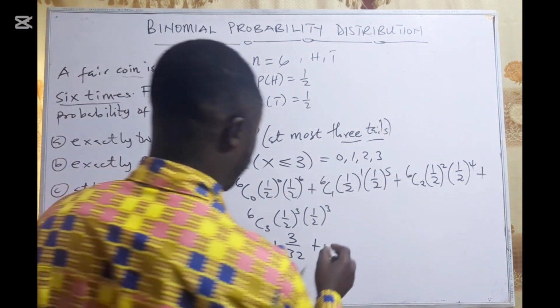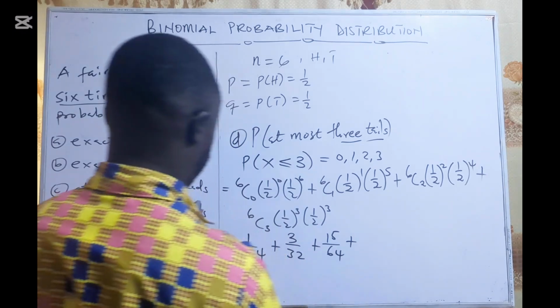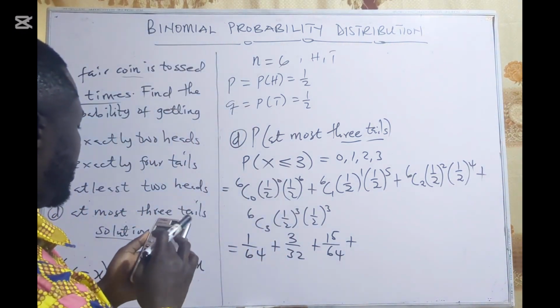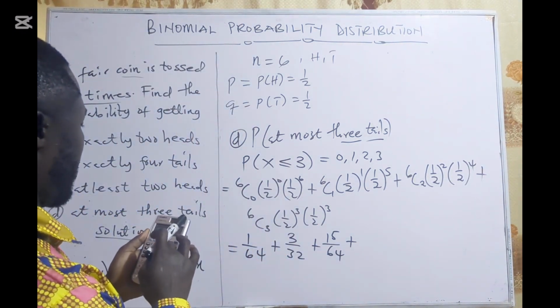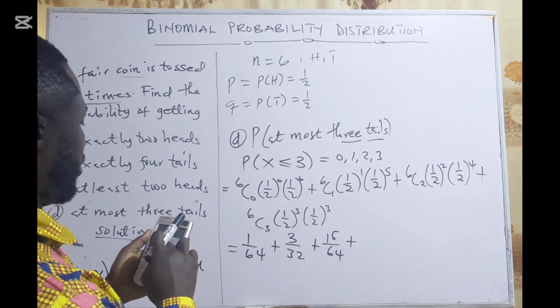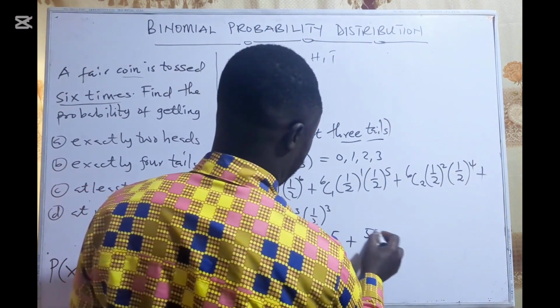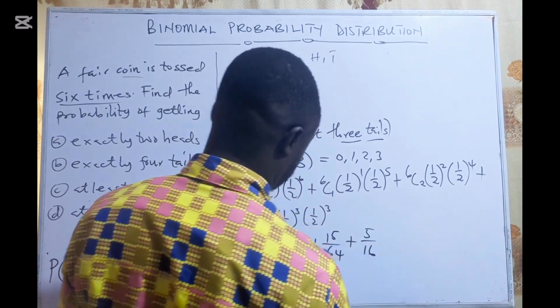And that will give us 15 out of 64. Plus 6 combination 3, 1 over 2 exponent 3, and then 1 over 2 exponent 3. That will give us 5 over 16.